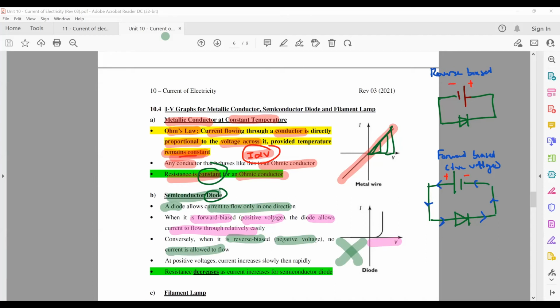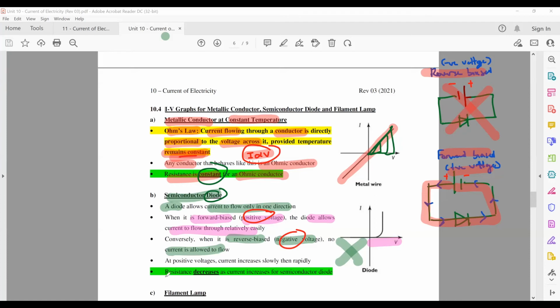That's why we call this positive voltage, negative voltage. Okay. When you have negative voltage, you're basically reversing the polarity of your battery. In your case here, this is considered to be positive voltage, forward bias, current can flow. In this case here, reverse bias, negative voltage, no current is flowing.